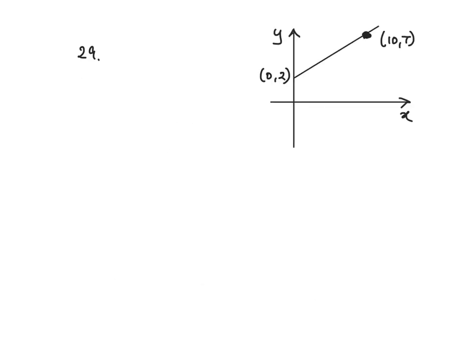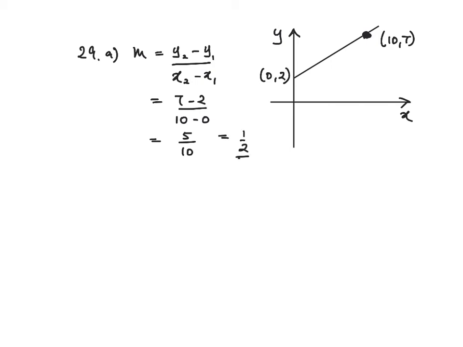So we want to work out the equation of the line, work out the gradient first of all. y2 minus y1 over x2 minus x1. So 7 take away 2 over 10 take away 0. 5 over 10 is 1/2.